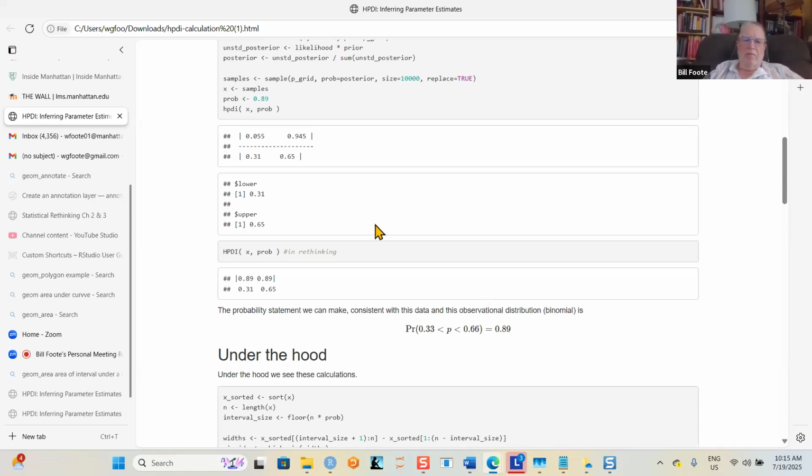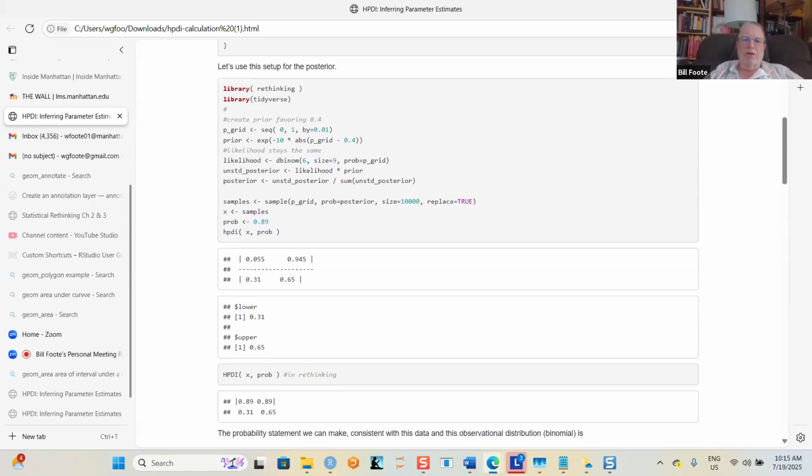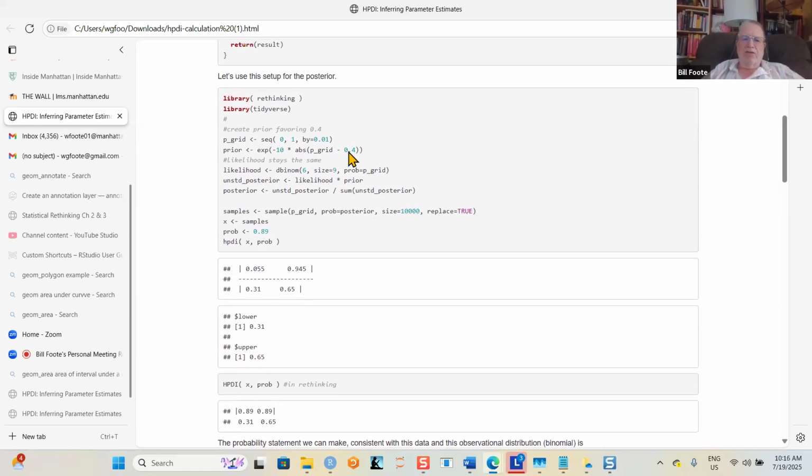I built the function up here, but let's see. Yeah, here's the prior. In this one, this is out of last week's work. We're biasing the grid belief, maybe based upon testimony, based upon experience, based upon certain reasons, whatever the answer is, probably all three.